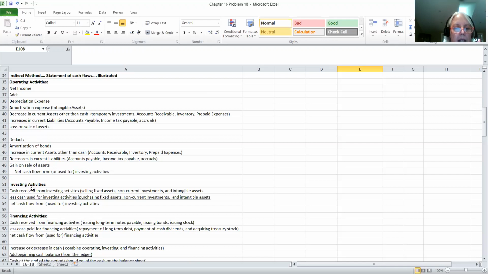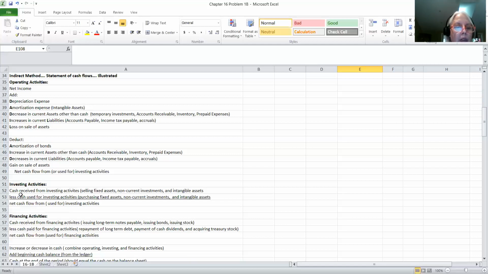But in the investing activities, it has to do more with your non-current types of assets that you will be purchasing and selling, or your investments that you're purchasing or selling. Those go into this section right here, which we call the investing activities section.